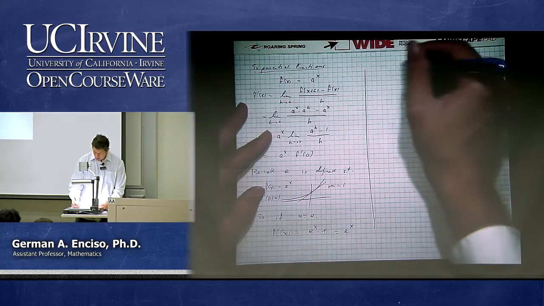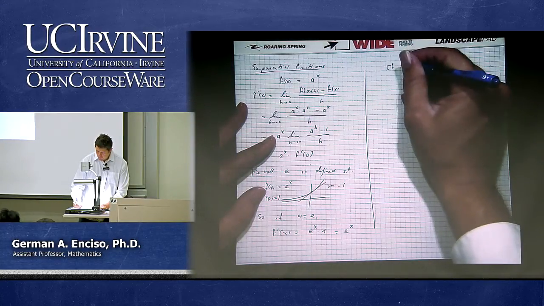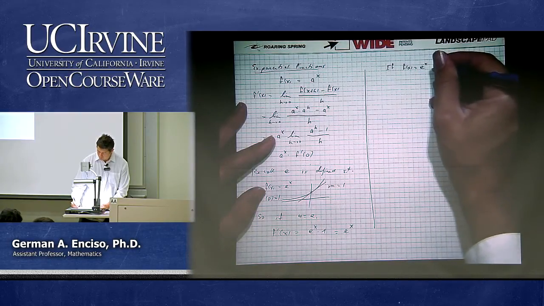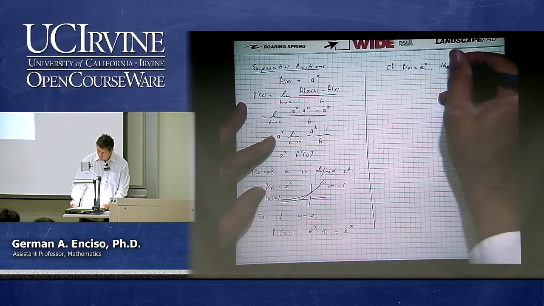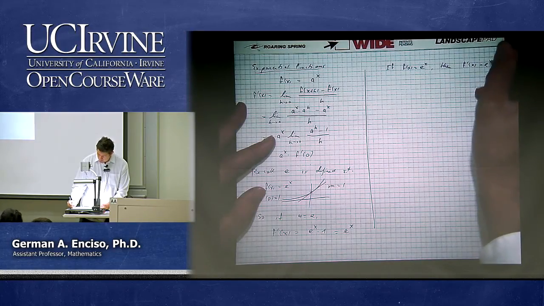Okay? So basically, we have the formula that if f of x is equal to e to the x, then f prime of x is also equal to e to the x.